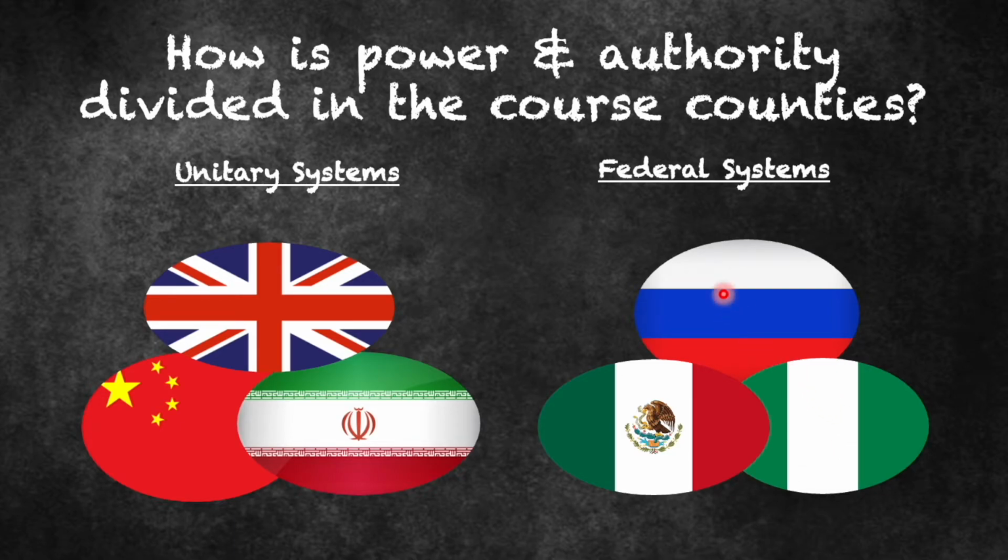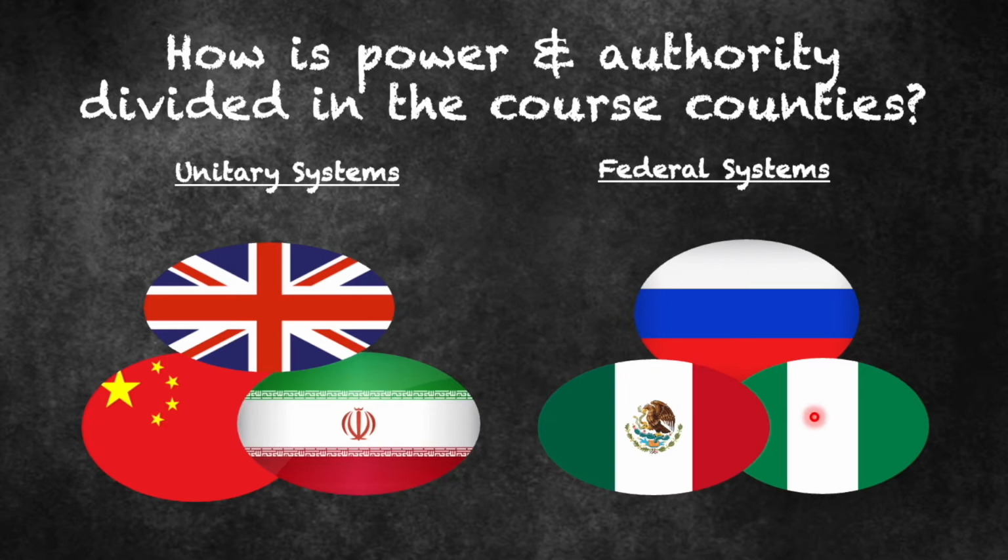We see federal systems more commonly in large countries with diverse populations because it is an attempt to build more local legitimacy by allowing those local populations to create and implement policies that are more in line with their local cultures. So, for example, Nigeria, which is probably our most ethnically diverse course country, has different laws in different states.